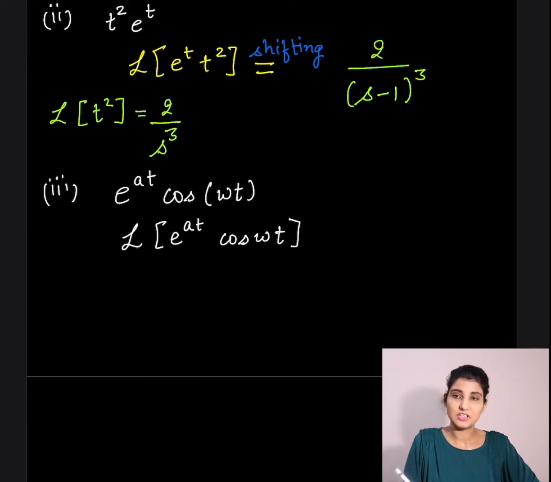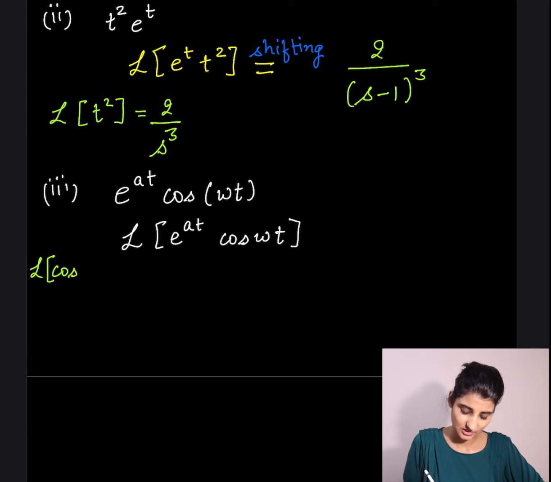So first we will write down the Laplace of cosine omega t, which is s divided by s square plus omega square.